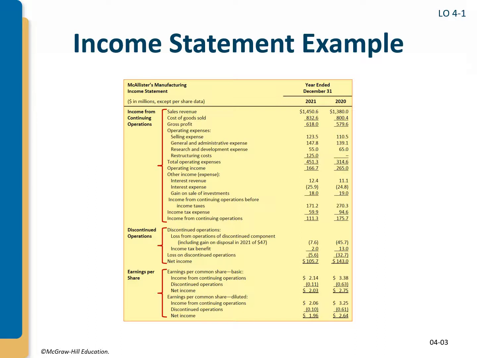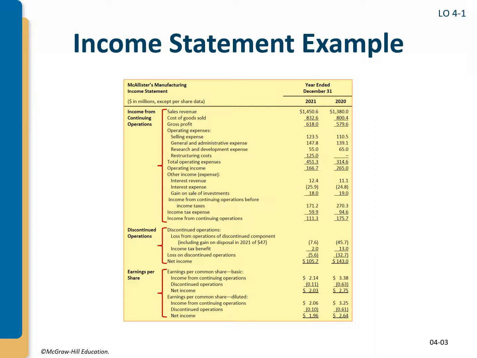So here's the example of an income statement. This is a multi-step income statement, the one we're used to when we are dealing with a company who sells a product. Notice we start with, and you see this major section in the red bracket, it's called Income from Continuing Operations. And this is the one you've seen so far. We start with sales revenue, subtract cost of goods sold to get the gross profit.